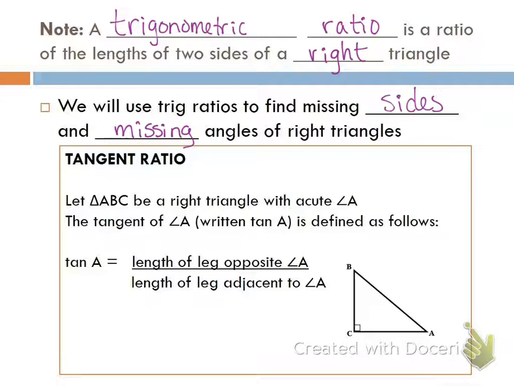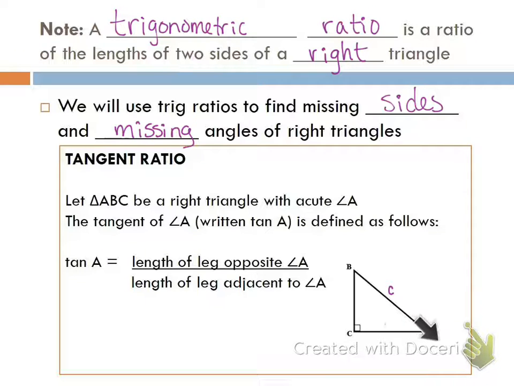So right now we don't have those legs labeled. Frequently, legs in right triangles get labeled with the lowercase letter of the angle opposite that side, which we've seen before. The side opposite the right angle, the hypotenuse, is going to get labeled with a lowercase c for this triangle.